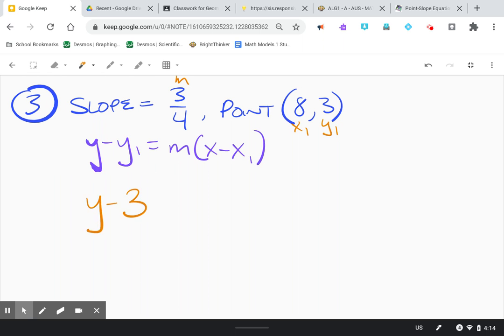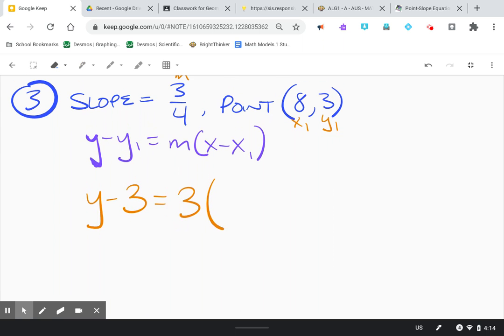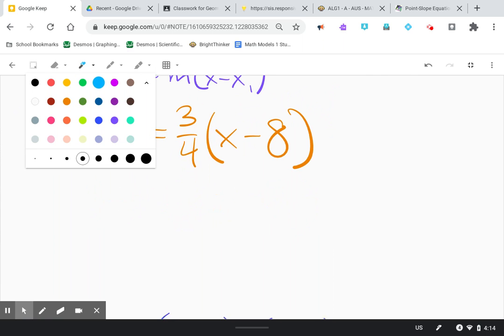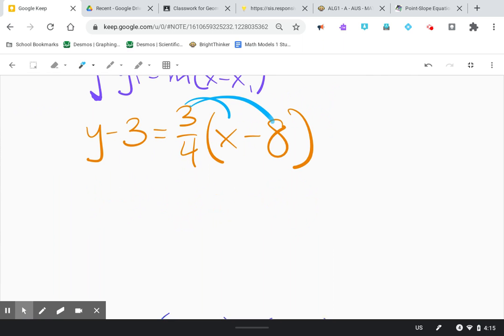This is our m, equals 3 fourths times x minus 8. You can see this is going to work out a little bit differently because we have this fraction. So that's going to distribute, giving me y minus 3 equals 3 fourths x. You can just leave it like that because that's going to be our slope term. And then we're going to do minus whatever 3 fourths times 8 is.